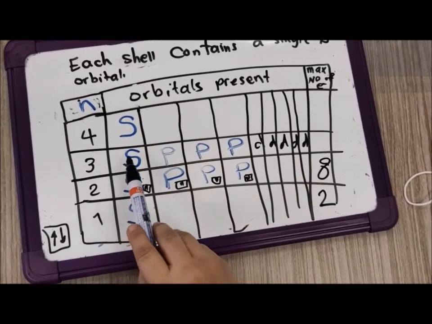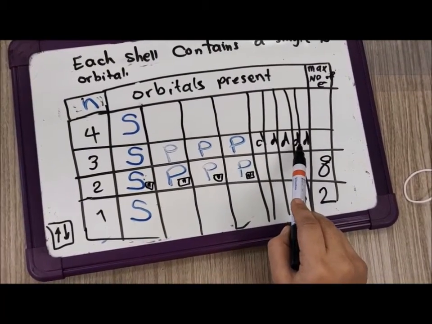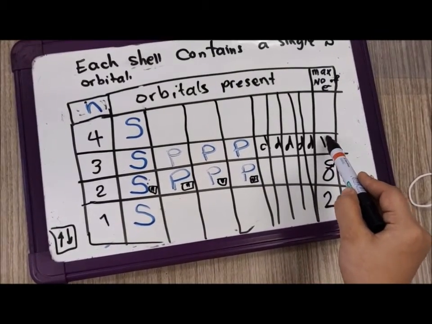How many orbitals do we have in the third shell? 1 s, 3 p's, and 5 d's. So it becomes how many electrons overall? 18.